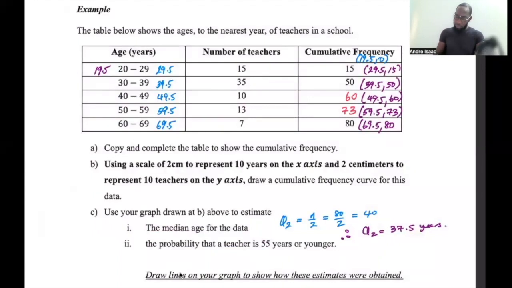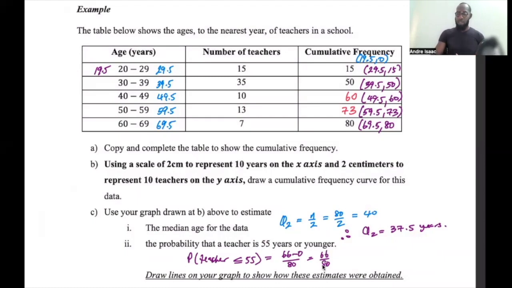So the probability of a teacher being less than or equal to 55 is equal to 66 minus 0, over 80. 66 over 80. Now, probability is divided by the total number, right?